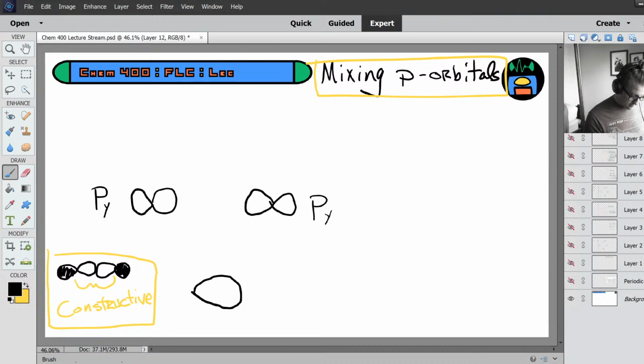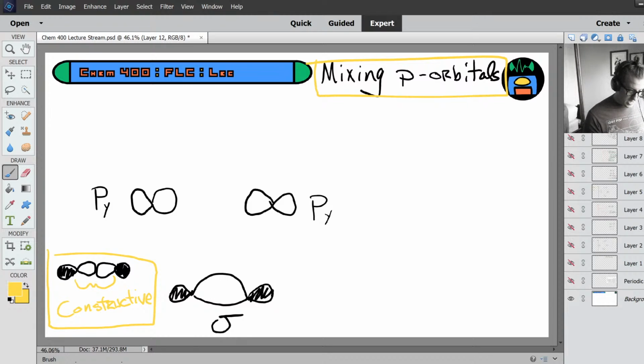So when two py orbitals engage in constructive orbital overlap, they form a sigma bond.